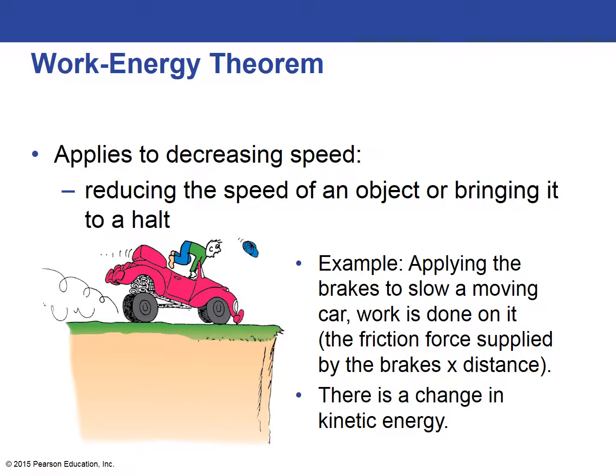back down to zero. So that by equating the two sides, we can say that the work applied equals the kinetic energy lost. Then we can say that this automobile with 1,000 joules of kinetic energy must also have 1,000 joules of work done opposite to the direction of its motion so that it will slow down.